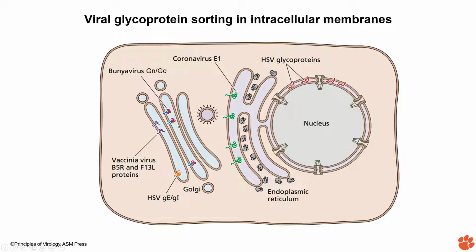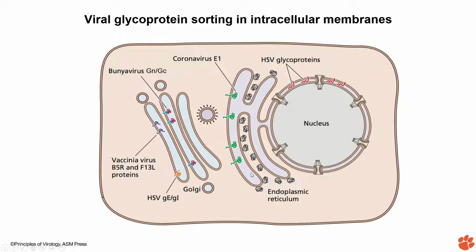When both of these proteins are present, they will bud out from the Golgi. But remember that they are made in the ER and make their way to the Golgi. If you do not have the GC and you only have the GN, then the GN just accumulates in the Golgi. It will not be able to bud. You need both of these proteins to bud from there.